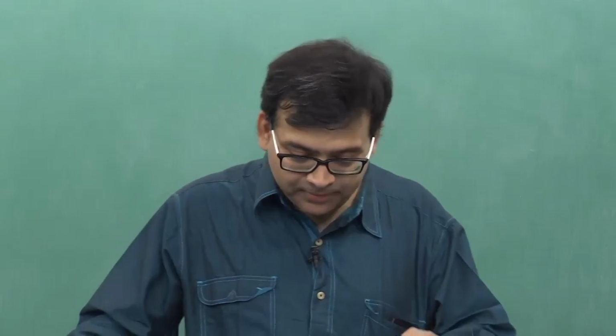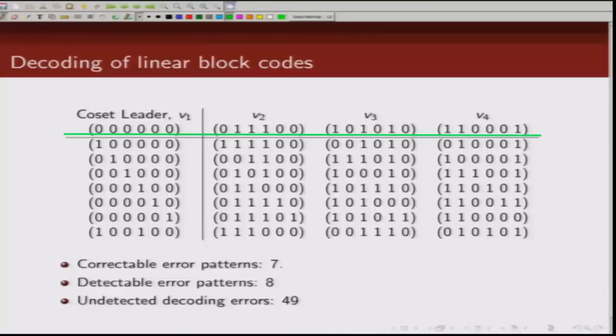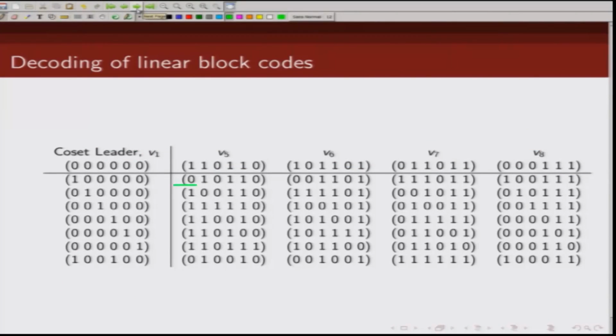So, let us look at each of these rows. Of course, this corresponds to all correct code words. If the error pattern is this, these are the set of other elements of the coset, and you can see here none of these elements have weight less than 2.